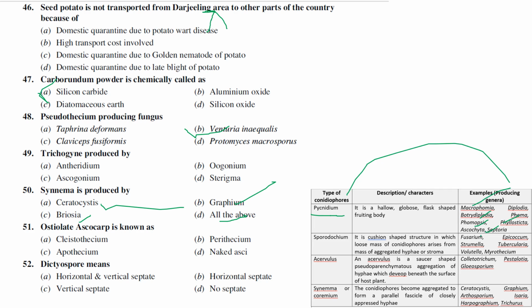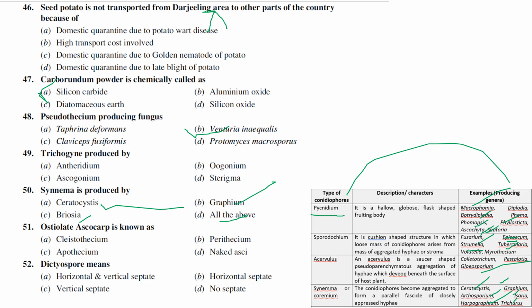When it comes to sporodochium, Fusarium, Epicoccum, Stromella, Tubercularia, Volutella, and Myrothecium produce it. When it comes to acervulus, the best examples are Colletotrichum, Pestalotia, and Gloeosporium. Coremium is otherwise called synnema: Ceratocystis, Graphium, Arthrosporium, Isaria, Harpographium, and Trichurus are examples.